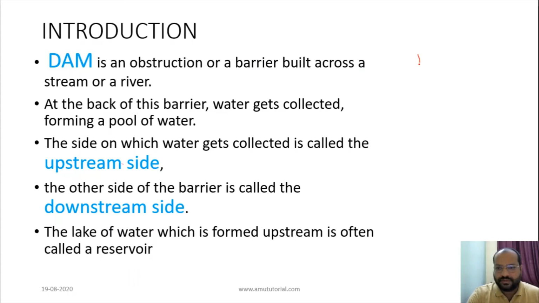Now suppose this is a river channel and the water is flowing from this direction to this direction. Suppose this is a section of this river, an arbitrary section, and this is the depth. Now suppose there are some villages or cities where people are living here.